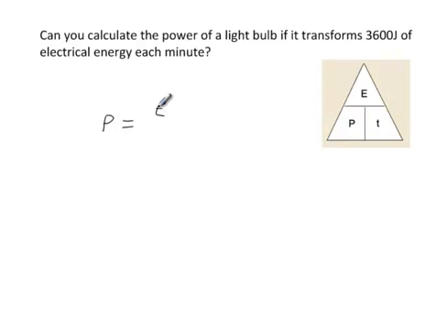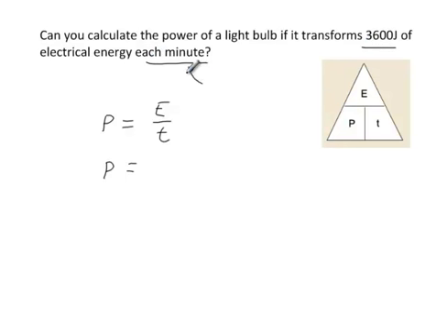So P equals energy over time. So I can look in the question to find out what the energy is and to find out what the time is. And here I've got the energy, and here I've got the time.